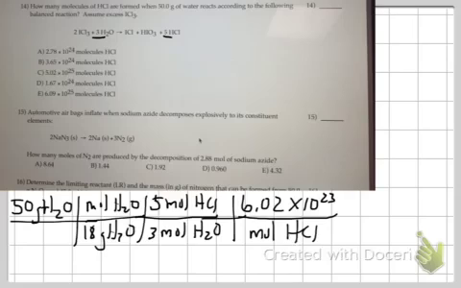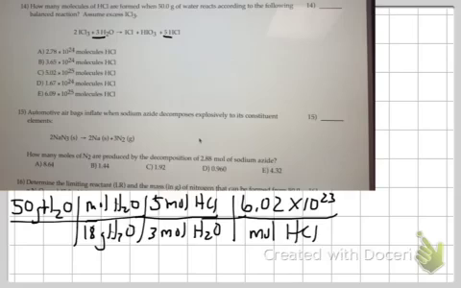My calculator will do this real fast. Make sure. So 50 divided by 18 times 5 divided by 3 times 6.02 exponent 23.